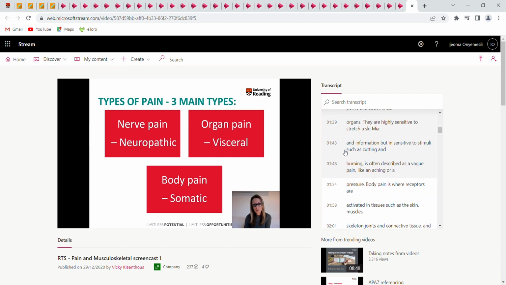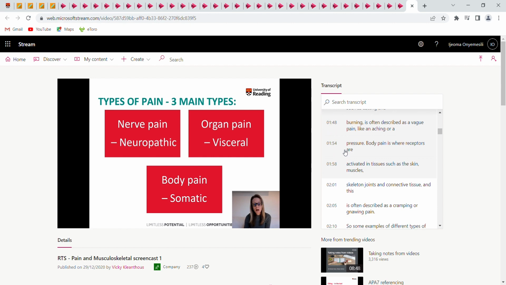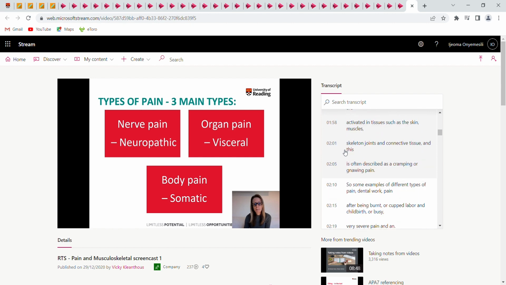It's often described as a vague pain, like an aching or a pressure. Body pain is where receptors are activated in tissues such as the skin, muscles, skeleton, joints and connective tissue, and this is often described as a cramping or gnawing pain.